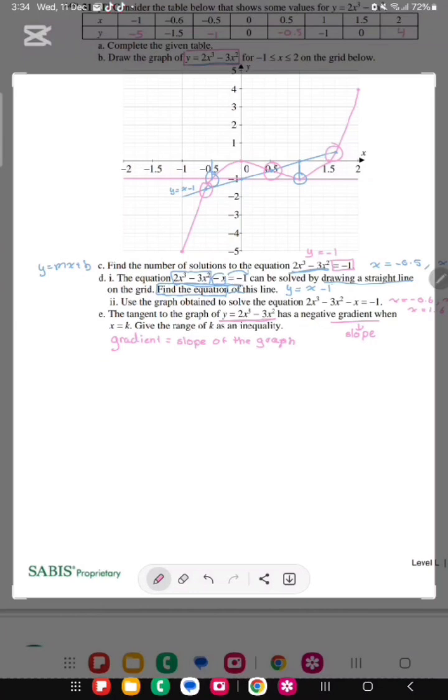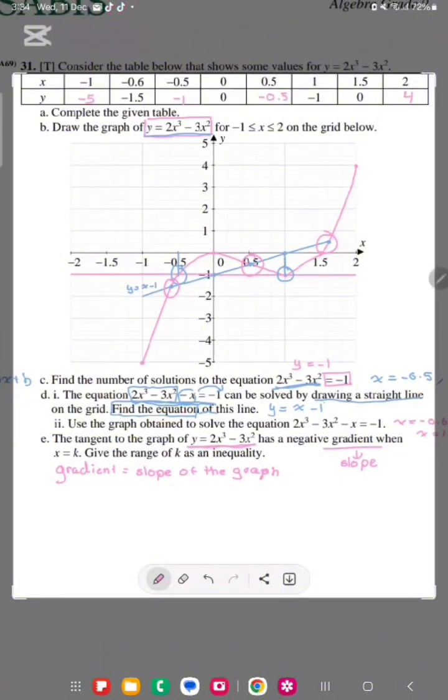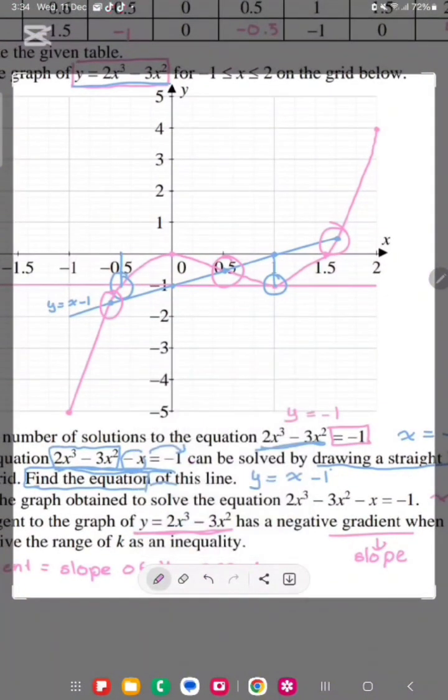So, when does this equation, which is the big line, not the straight one, the curved one, when does it have a negative slope? Negative slope means it's going downwards like this, towards the origin. When is it having a negative slope? From here till here. It's going down like this.